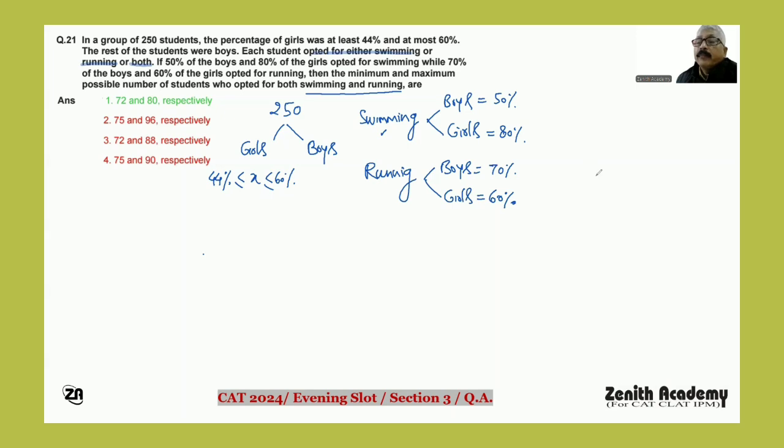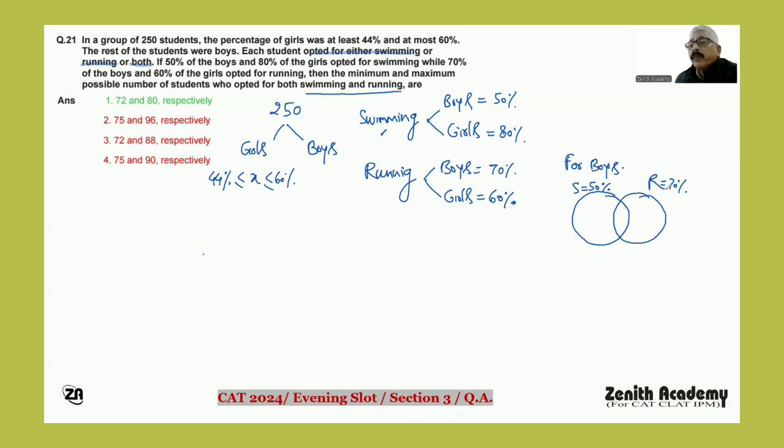If for boys we make a Venn diagram of swimming and running, then boys for swimming is how much? 50%. Running is how much? 70%. 70 plus 50 is 120. Correct. When swimming or running or both, the total should be 100%.